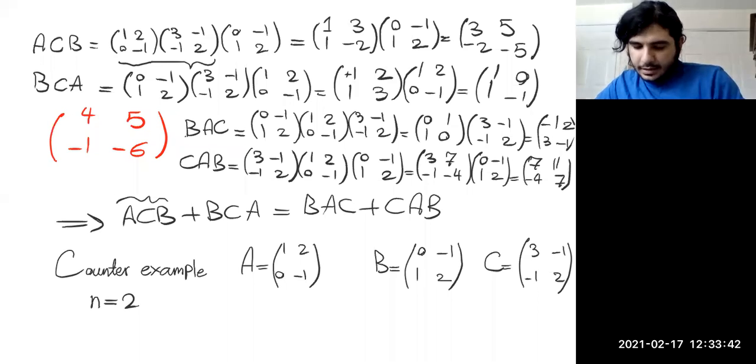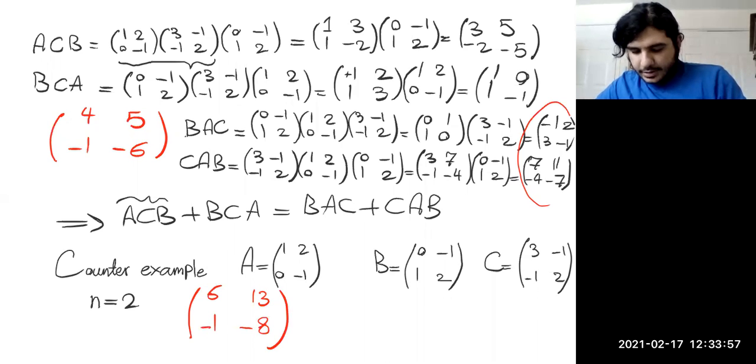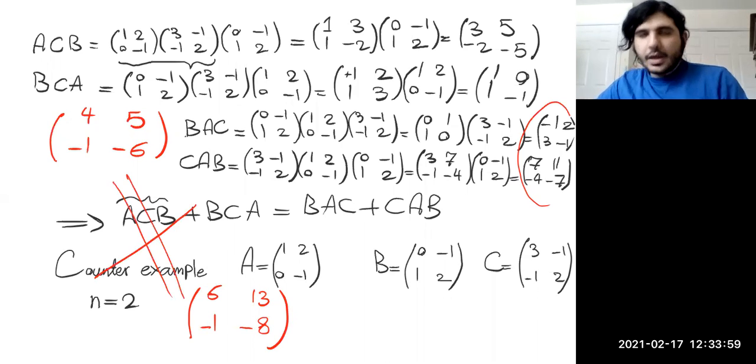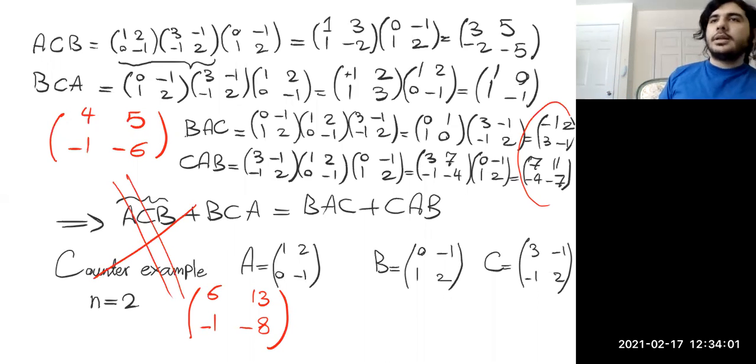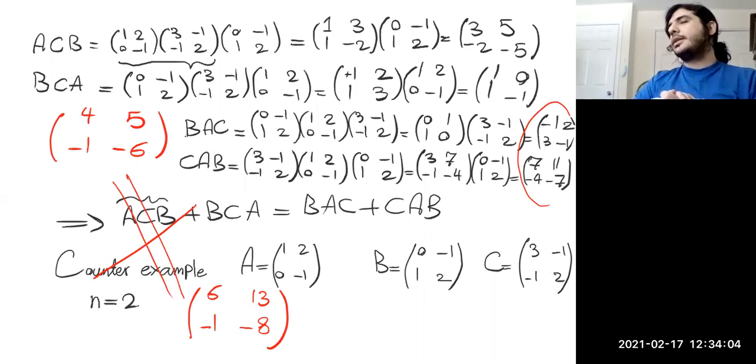And then if we add these two matrices here, what we would get is 6, 13, minus 1, and minus 8. And as you can see, these two matrices are not equal. So we have a counterexample here for this associativity.